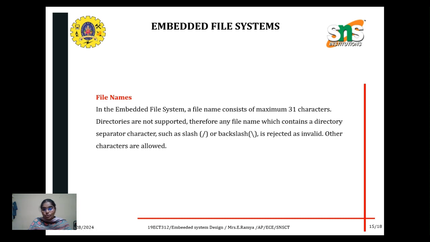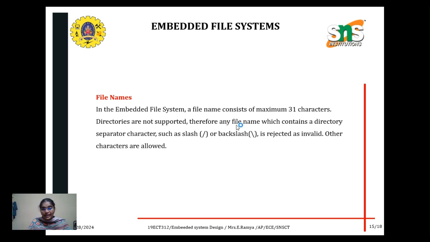Okay, so next one is the file name. How can we define a file name in embedded file system? In embedded file system a file name consists of a maximum of 31 characters. It is very important. How many characters? Maximum 31 characters. Directories are not supported.